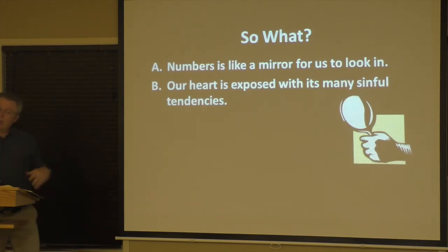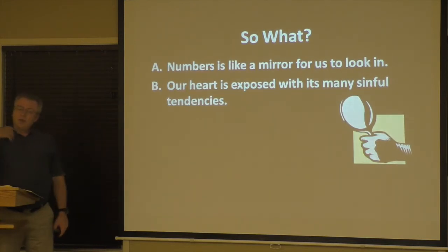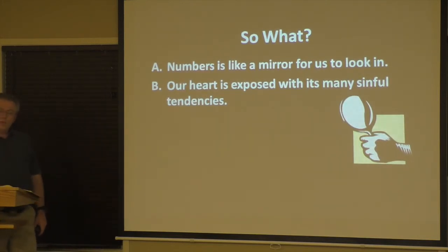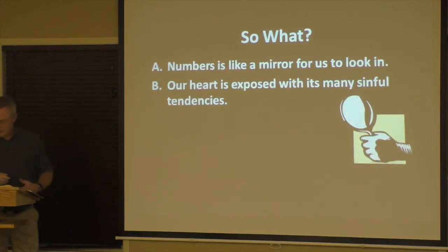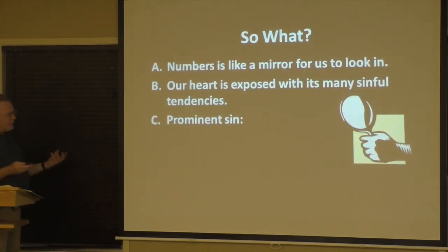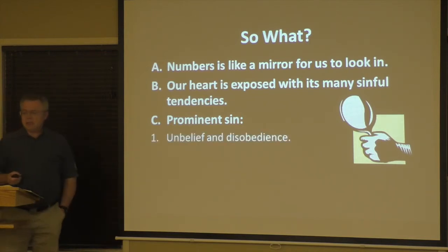So am I like the old generation that wanted to do it on my own, or am I like the new generation that learned from the mistakes of the old generation and said, okay, we better listen this time. We better listen to what God wants. Because the prominent sin of the book of Numbers is basically this: first, unbelief and disobedience.